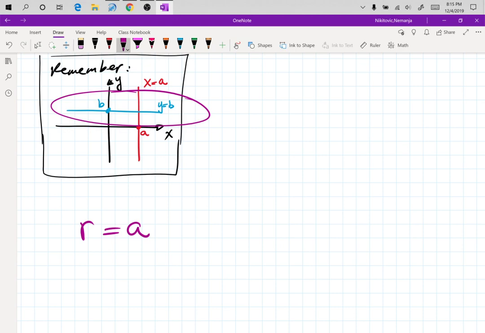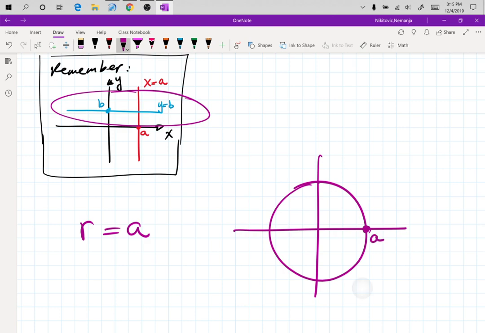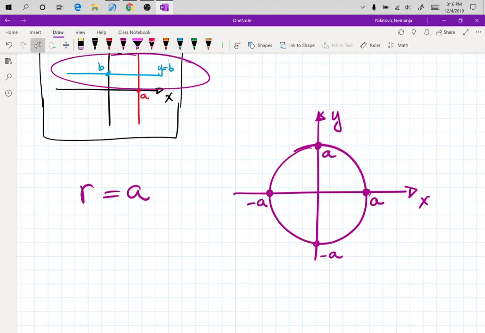Because x takes on all of the values from negative infinity to positive infinity, right? And x is not mentioned in that equation at all. Well, theta is not mentioned in this equation at all, and theta is going to take all of those values at the same time. So what this is going to graph is a circle with radius a. No matter which angle you pick, it will always give you a circle.